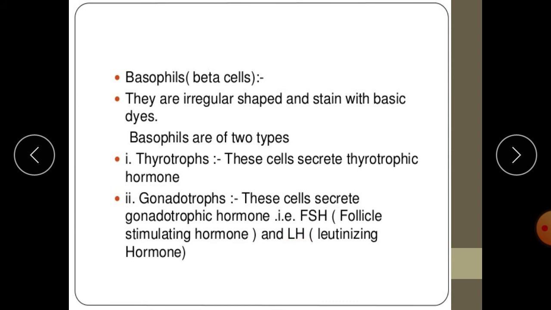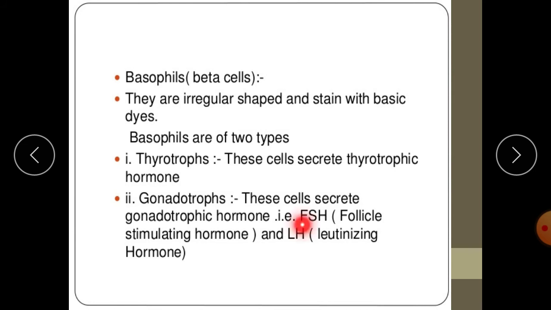So thyrotrophs, gonadotrophs, acidophils and basophils are present in the anterior pituitary. LH is required for ovulation in females, and in males LH is required for the production of androgens. Androgens are testosterones, male hormones.